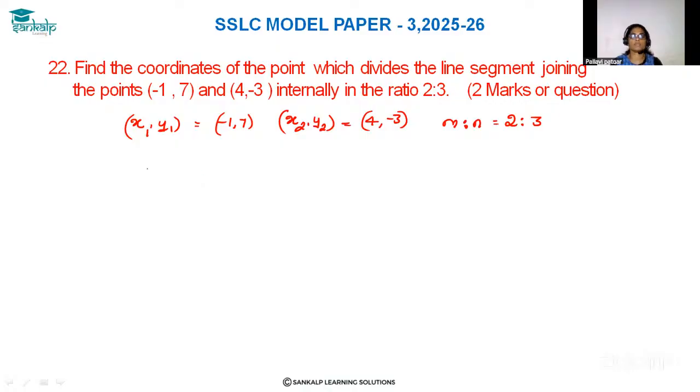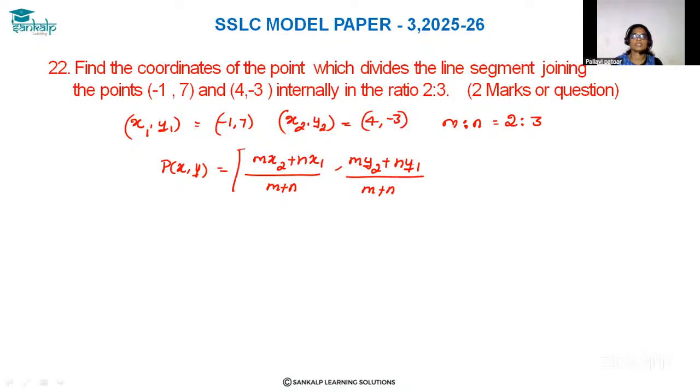So here the formula: P of x, y is equal to m x2 plus n x1 divided by m plus n, comma, m y2 plus n y1 divided by m plus n. Substitute the values.